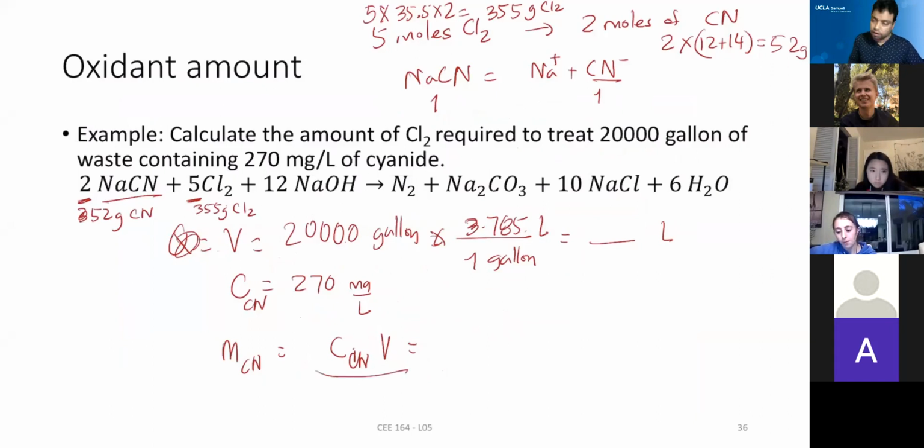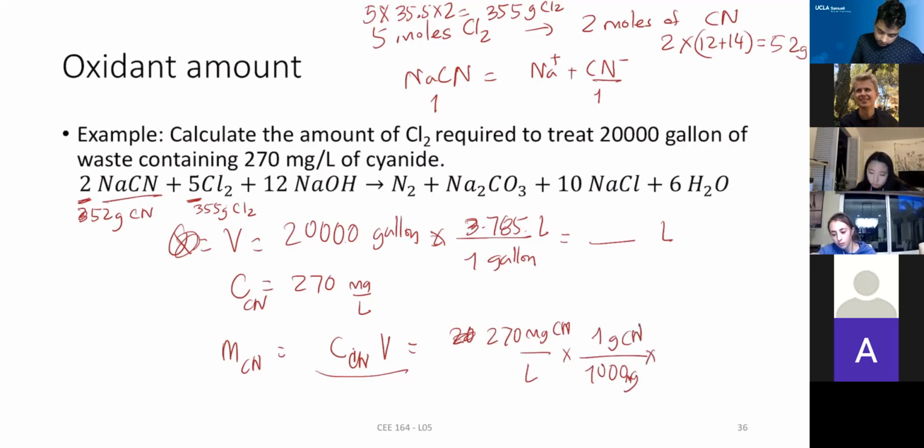And that's written here. Okay, so that's 270 milligram of cyanide per liter, and you know that 1000 milligram of cyanide is 1 gram. So I'm just converting to grams.